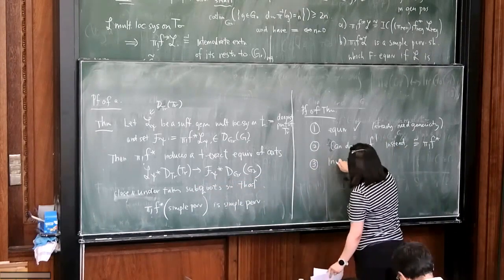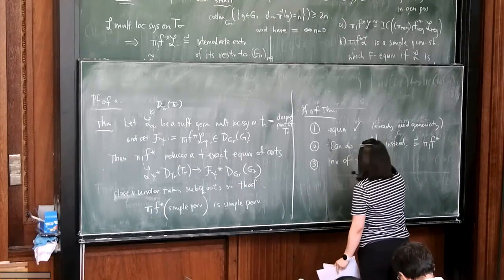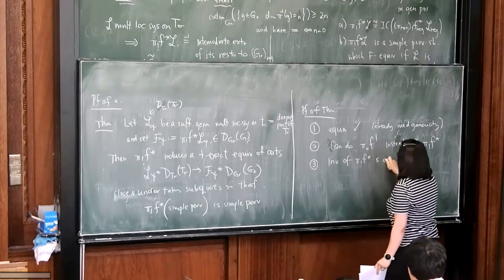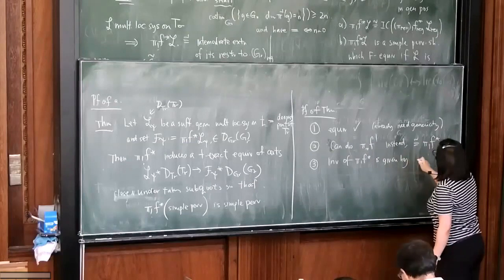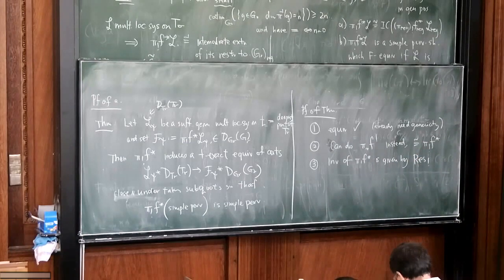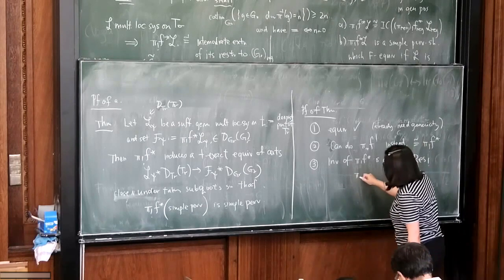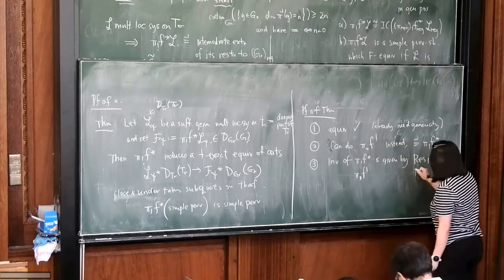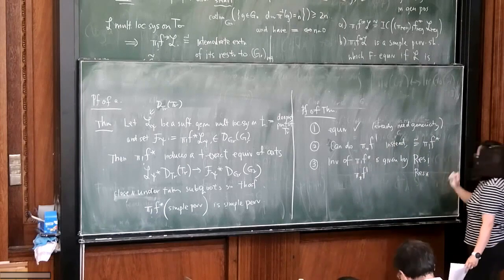So the inverse of this here is given by parabolic restriction, which I will call res lower shriek. And same with this, is given by res lower star.